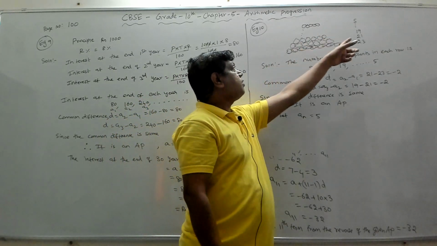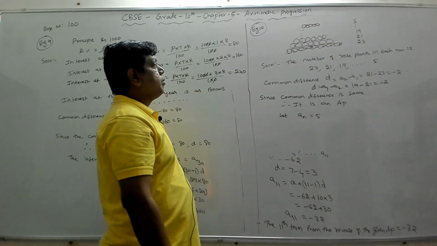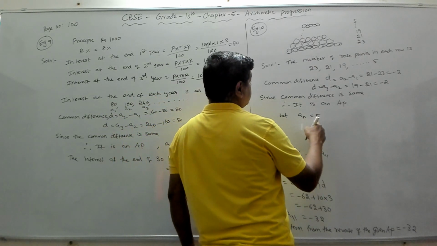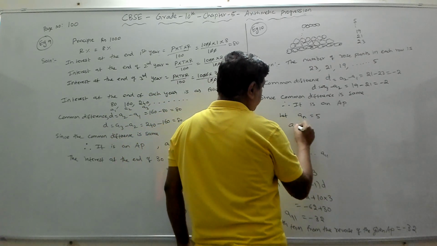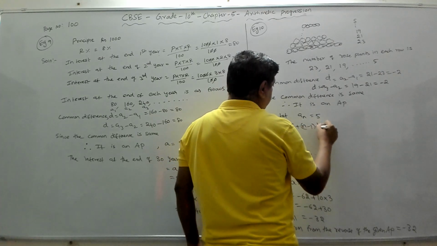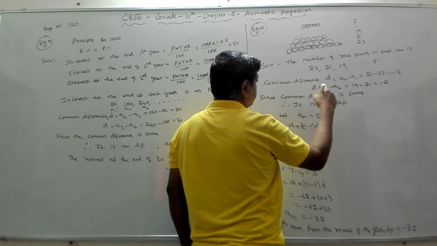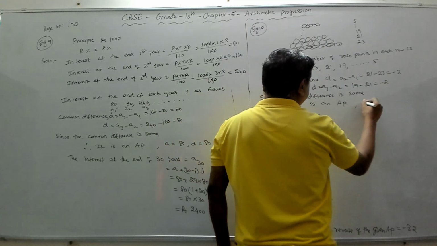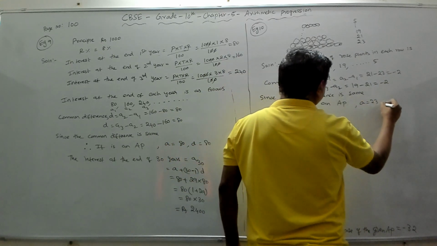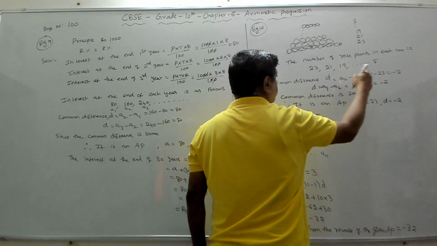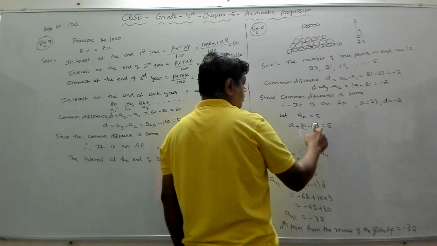And the last row has 5 plants, so an is 5. An is a plus n minus 1 into d, that is equal to 5. And a is the first term. Once we say it is an AP, we write the first term is 23 and the common difference d is minus 2. So a plus n minus 1 into d is 5.